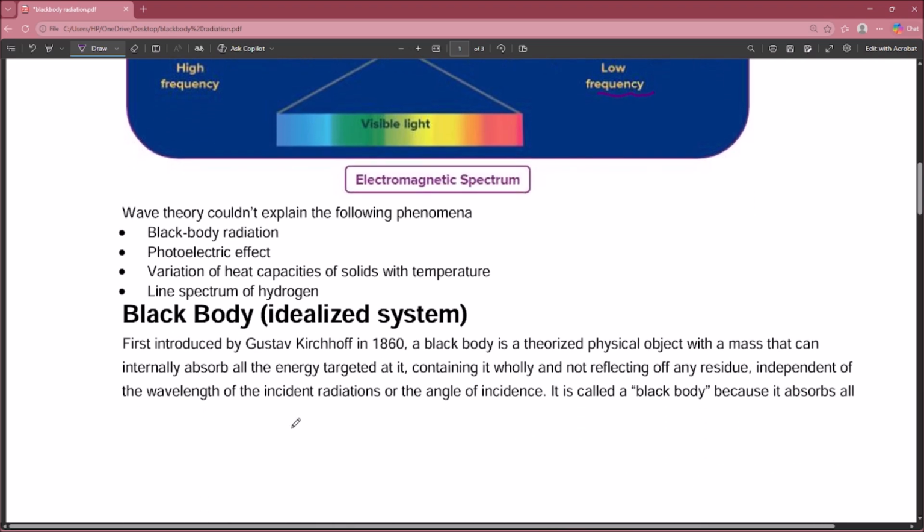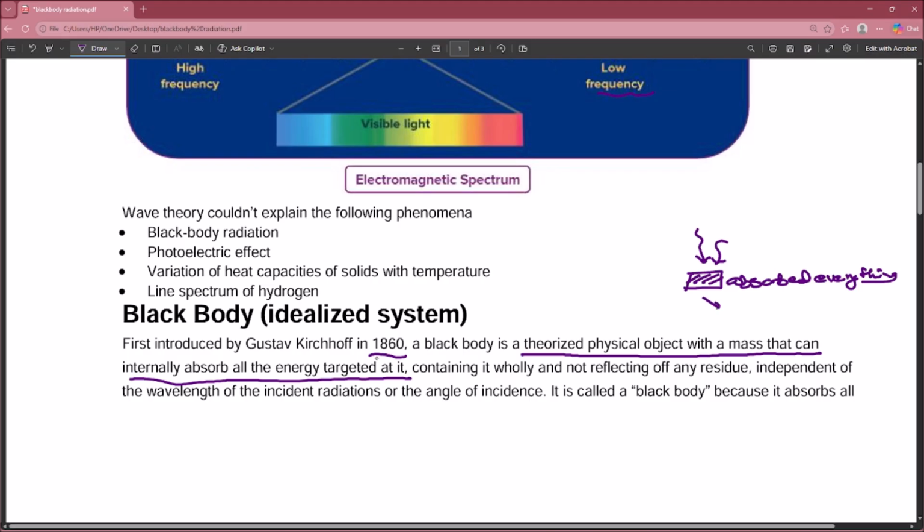First we will see black body radiation, that is an idealized system. First introduced by Gustav Kirchhoff in 1860, a black body is a theorized physical object which absorbs all energy that falls on it. Means if the incident light falls on it, it absorbs everything and reflects nothing.